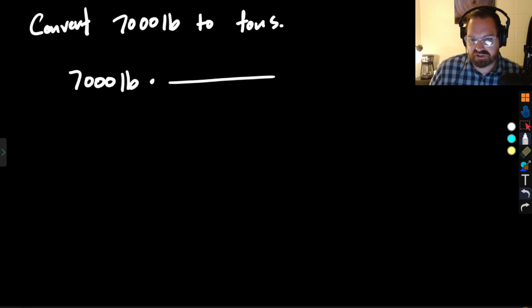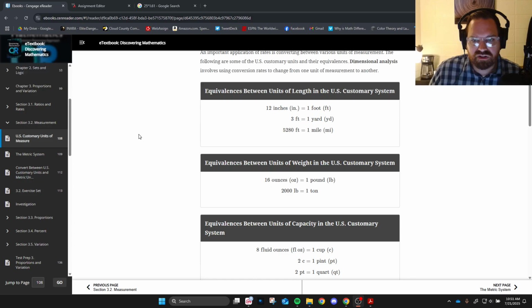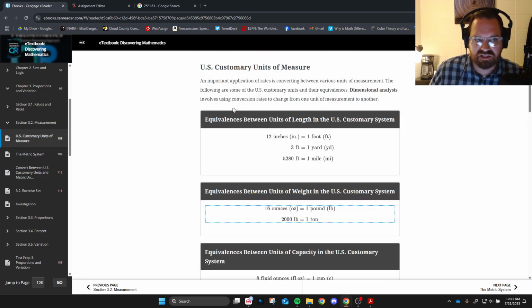Let me go ahead and switch back to my browser. We can actually grab it here. All right. So we've got some unit conversions here. It looks like right here, 2,000 pounds is the same thing as 1 ton, right? 2,000 pounds is 1 ton. Again, I'd encourage you to use the website, the textbook.